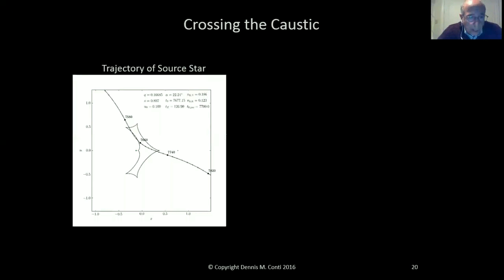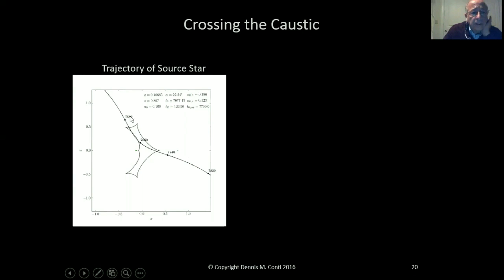And what happened is an event occurred rather recently that was deemed to be the crossing of this caustic that you see in this picture of a background star.